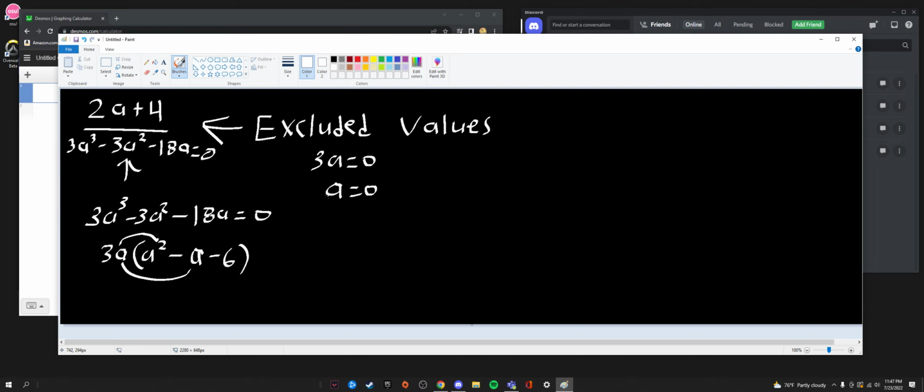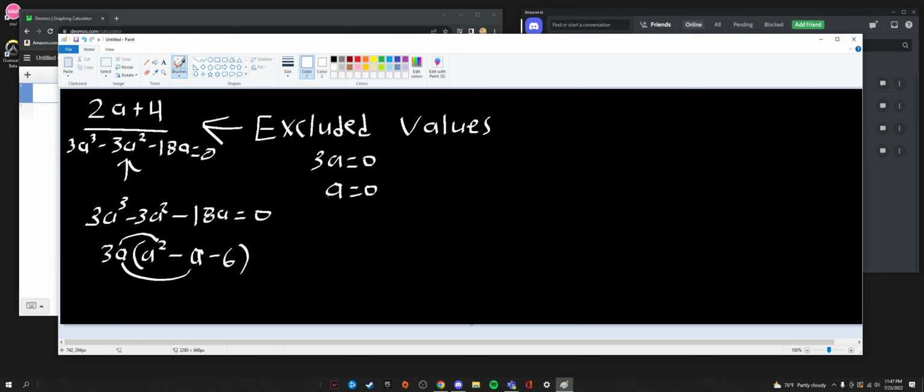A is just 1, and c is negative 6, so 4 times negative 6 is negative 24. All over 2a, which is just 2.